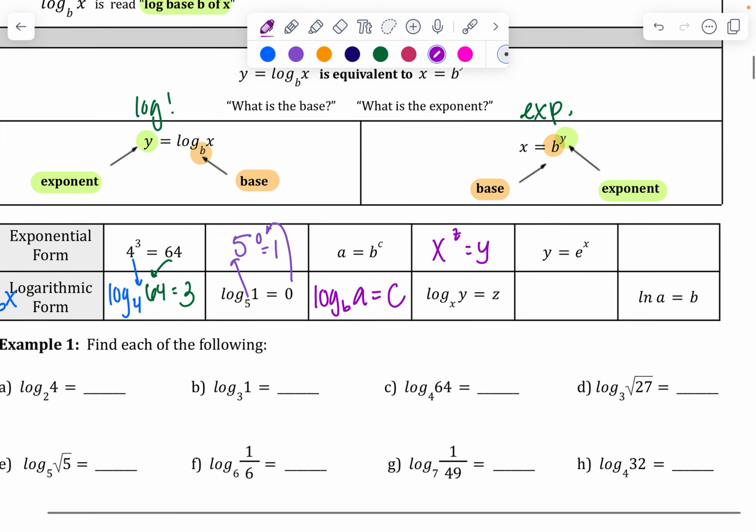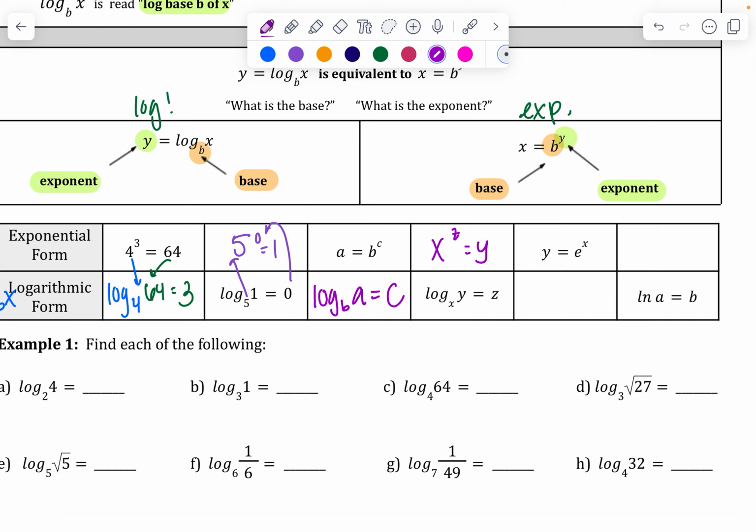The next one, we have y is equal to e to the x power. So writing it into log, I get log base e of y is equal to x. Now I'm going to tell you right now, log base e does not exist. This is actually a special case where log base e is ln of y is equal to x. So log base e is equal to the natural log.